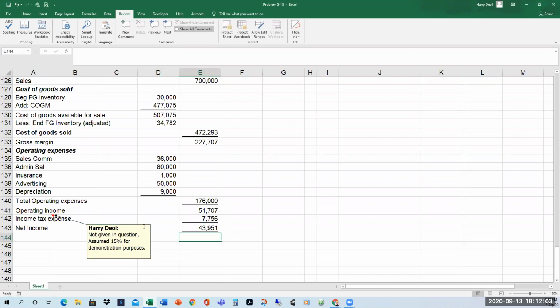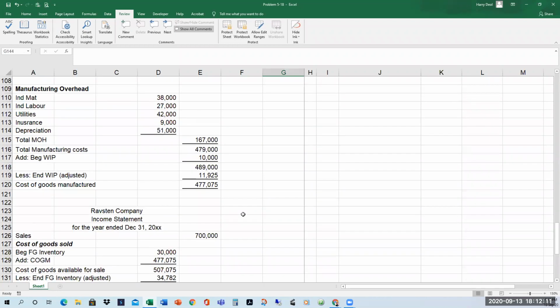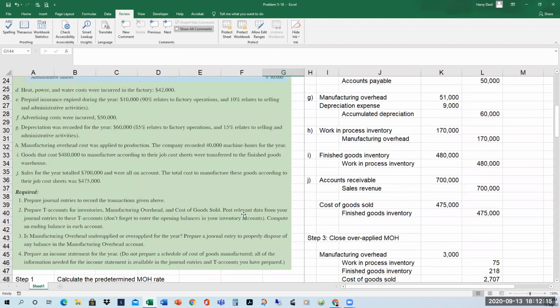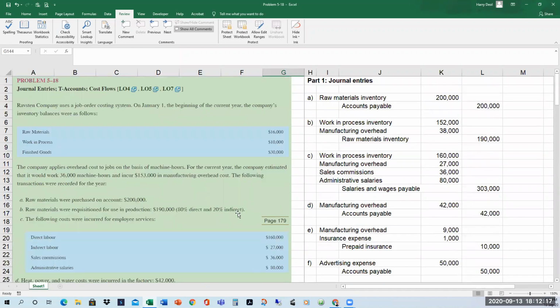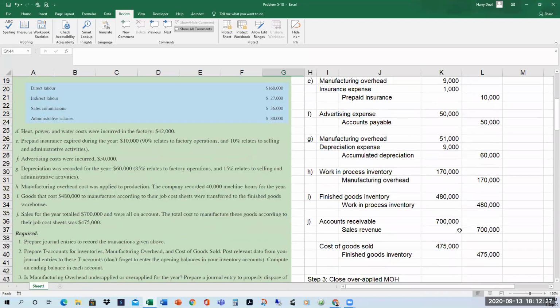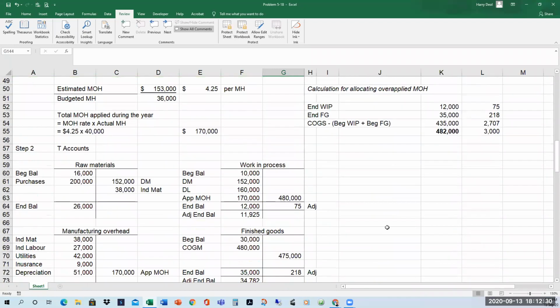So we are going to go through actual exam questions in class when we go over chapter 5. I hope that you will take the time to go through this problem's solution. Keep in mind that for your midterm exam, you will not be asked to prepare the journal entries, but you will still need to know what the journal entries are in order to post them into the T account.